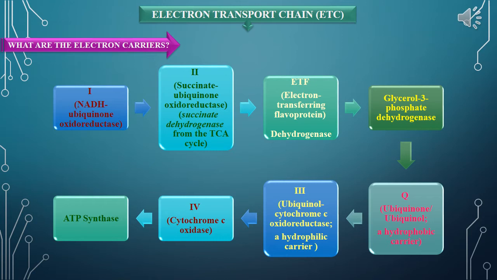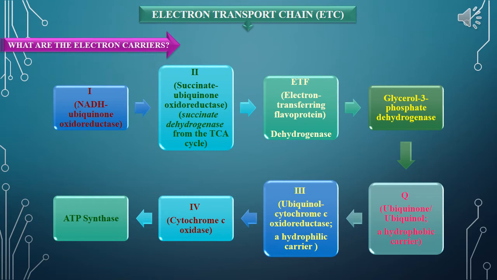Cytochrome C oxidase is a hydrophilic carrier, whereas Q, ubiquinone or ubiquinol, is an intermediate electron carrier. Q is a hydrophobic carrier. Whereas ETF and glycerol 3-phosphate dehydrogenase are also electron carriers.